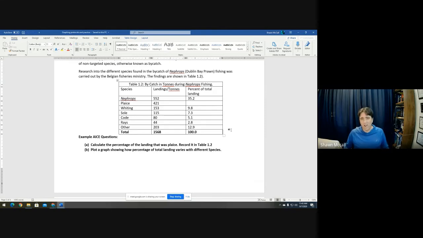Folks, this is a bar graph. These would be essentially your x-axis. You're labeling them out, right? And then of course your percentages you're going to need, because it says how percentage of total landings varies. You are not doing anything graph-wise with these numbers.